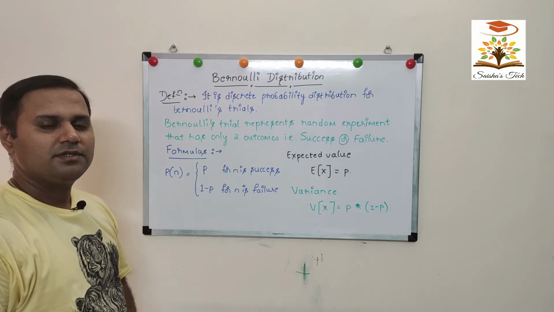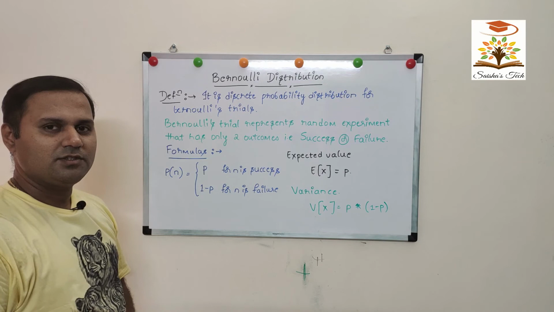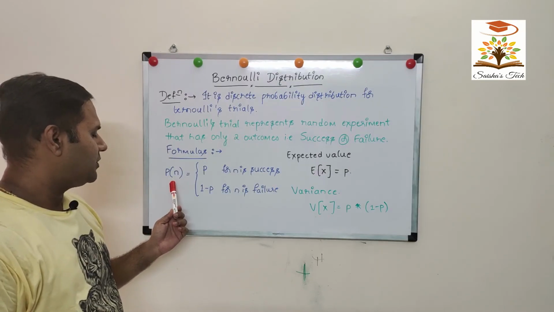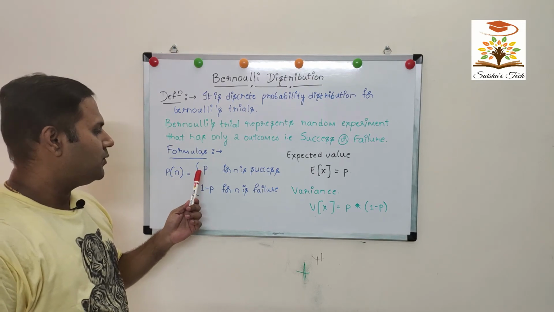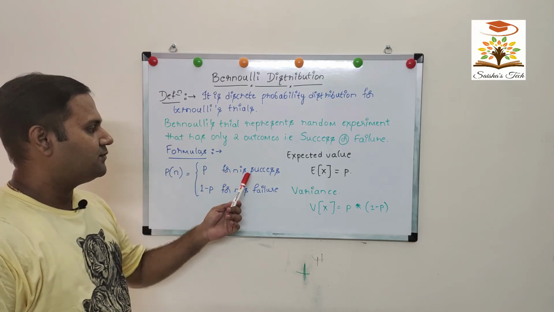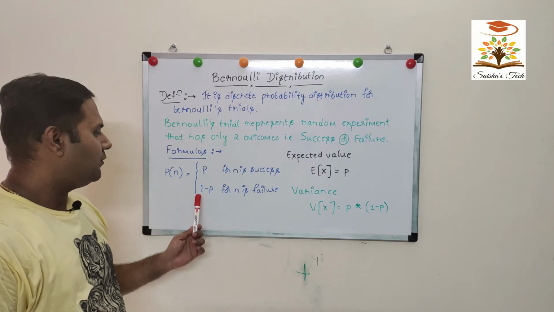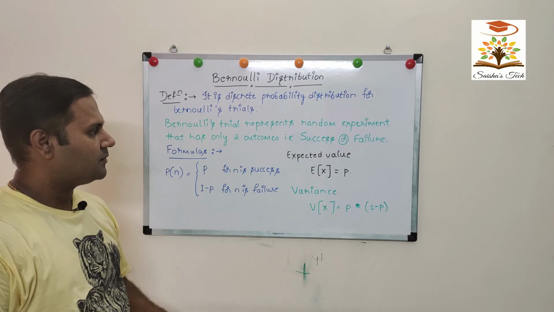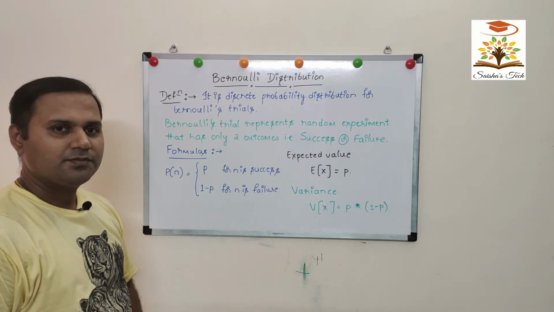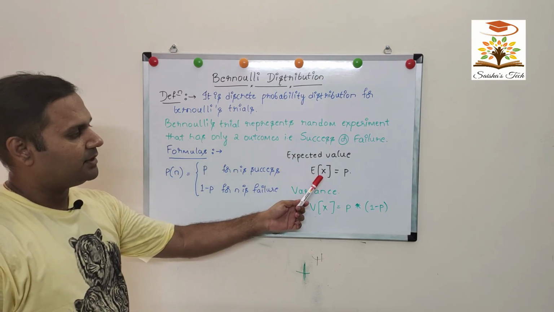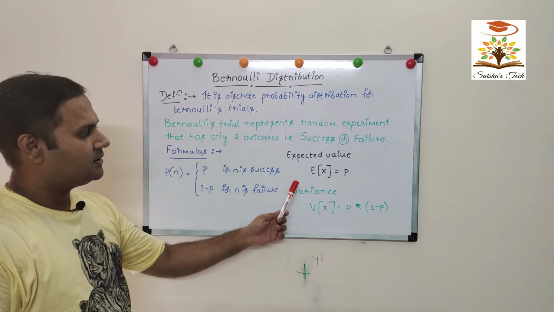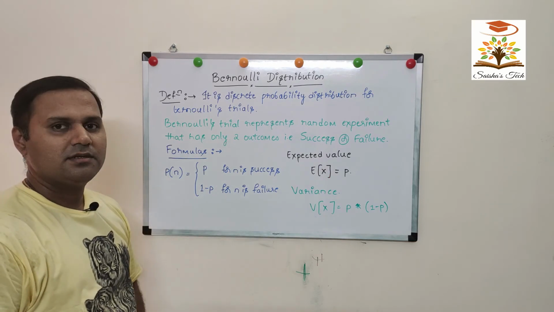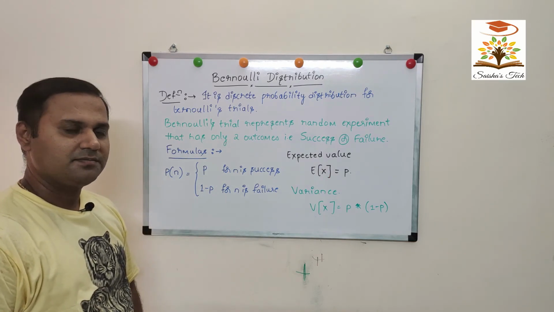The different formulas which are utilized in Bernoulli distribution are P of n, that is probability distribution function, which is equal to P if n is for success, and 1 minus P for n is failure. Expected value for any random experiment of x is E of x, which is equal to P. Here P represents probability of success.